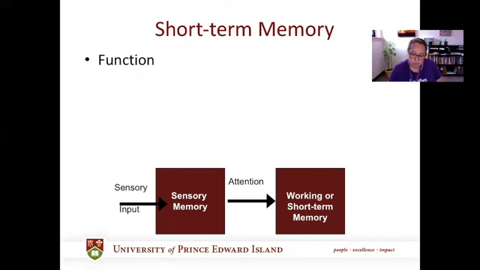Research shows that people typically encode this type of information in acoustic terms. We figured this out because when subjects are presented with a string of letters and immediately asked to recall them, they make sound-alike errors rather than look-alike errors.